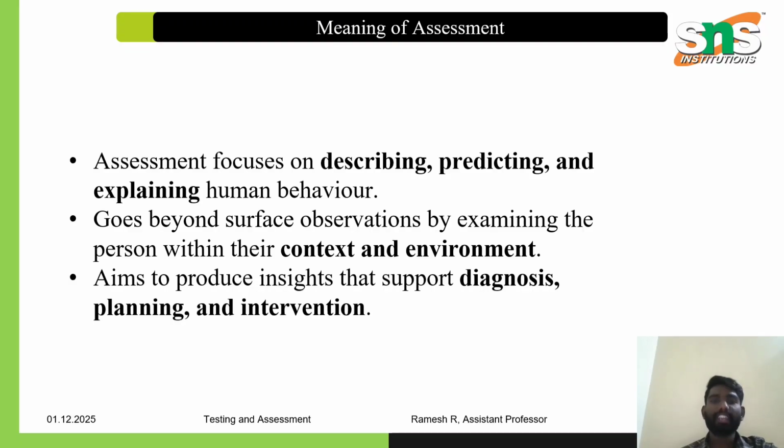Explaining a behavior means understanding why a person is behaving in a certain way. Assessment also looks at the person within their environment, like family, school, culture, work environment, and day-to-day life activities. It aims to produce an insight about a purpose and a diagnosis plan, and it also helps to get a clear view about the intervention we are going to give to the person.